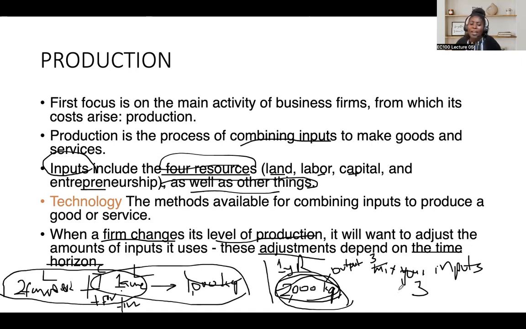Okay. But at the same time, if this same farmer wants to produce 2,000 kilograms in the next 6 months, you cannot really change quickly all of these factors. You can change fertilizer, you can have more fertilizer or different fertilizer.